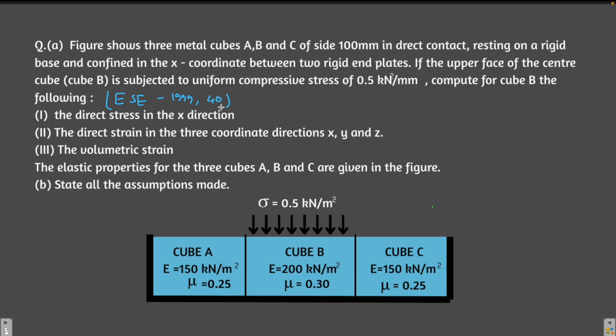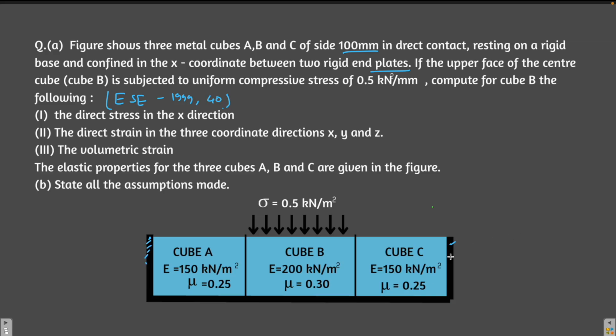So the question says that in the figure shown below, three metal cubes A, B, and C of sides 100 millimeter. So these are the cubes A, B, and C, and they are 100 millimeter in dimensions, in direct contact, resting on a rigid base and confined in the x coordinate between two rigid end plates. So there are three cubes which are placed, and these are rigid walls.